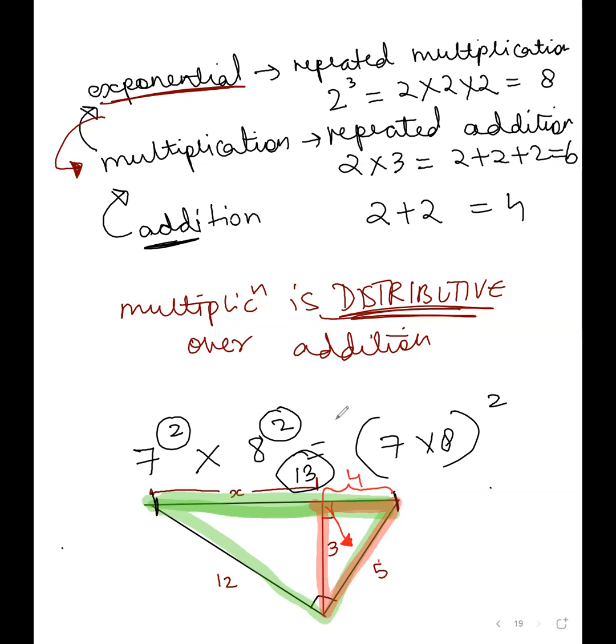Now, Hiba, if this entire bigger line segment is 13 and this small part of it is 4, then x will be how much? You have to find it out using Pythagoras theorem. So once you find this and you know the bigger one also, then you will be able to find x.